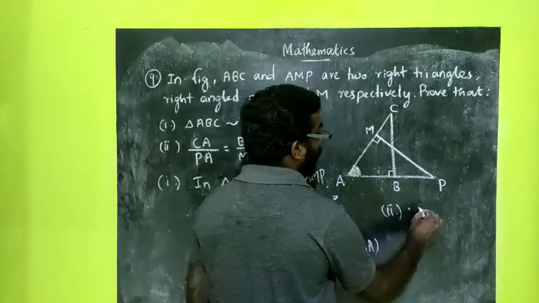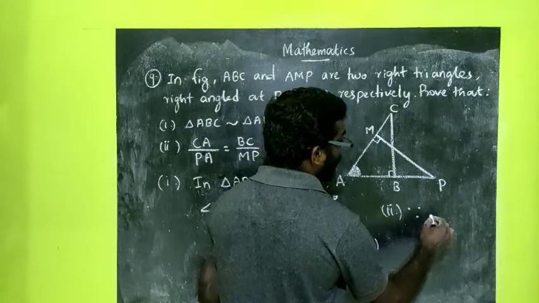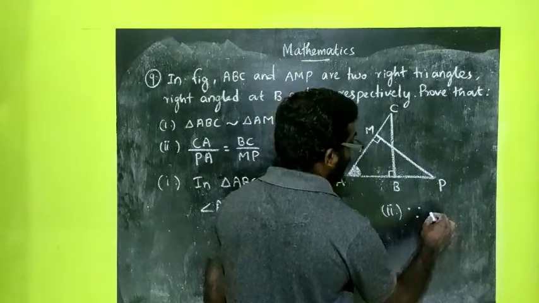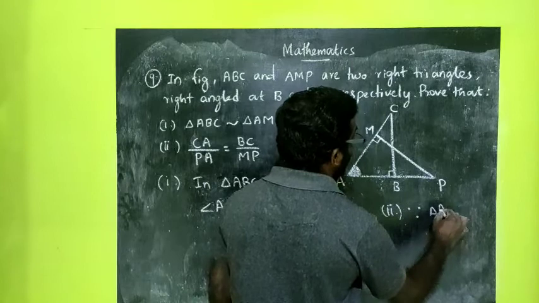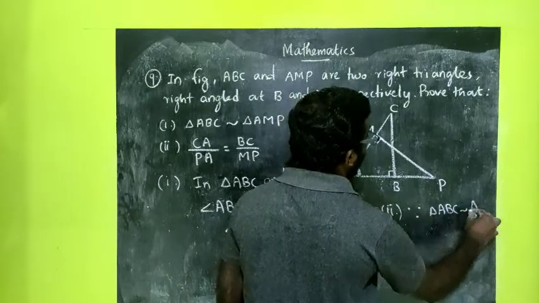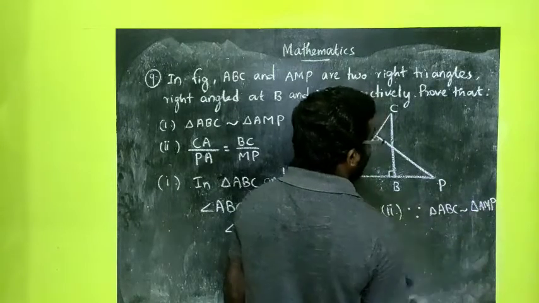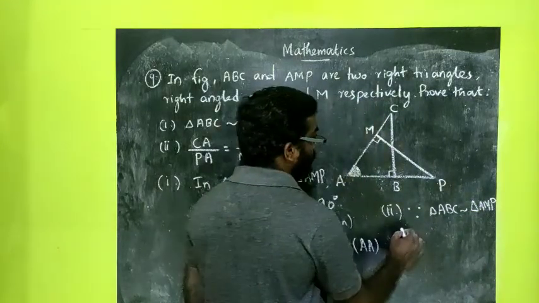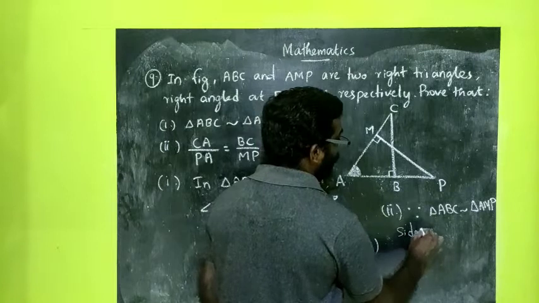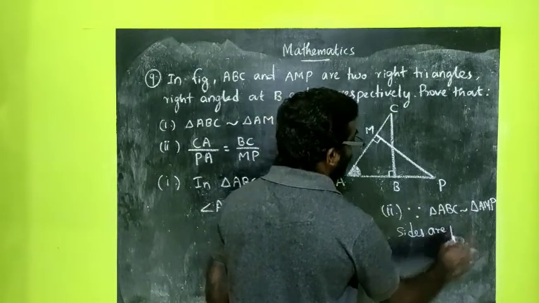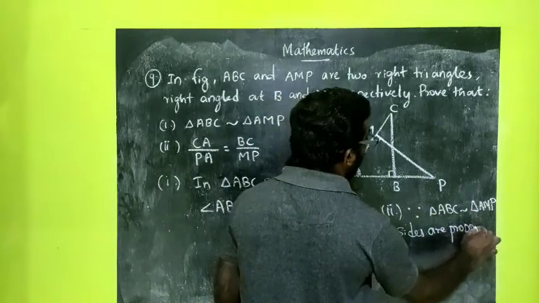So since the two triangles are similar, the corresponding sides are in the same ratio. So since triangle ABC is similar to triangle AMP, we can say the sides are proportional. Sides means the corresponding sides.